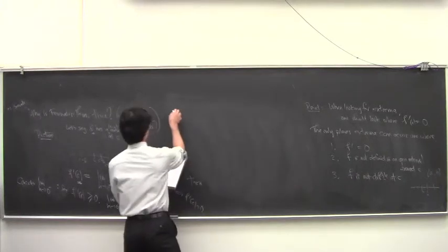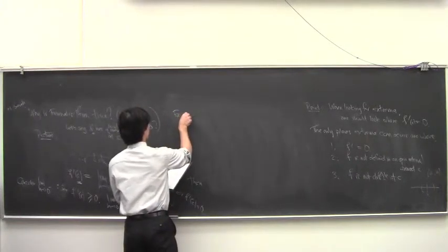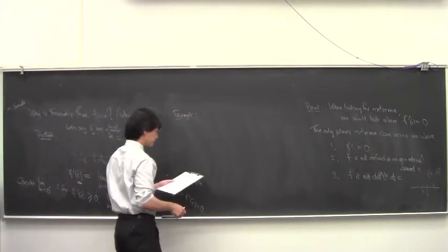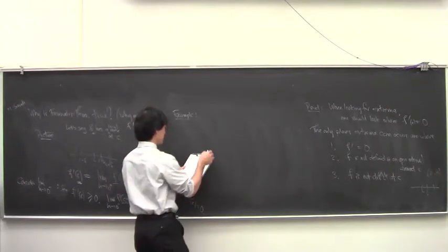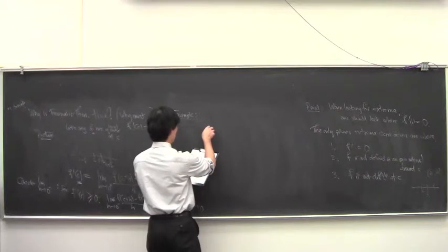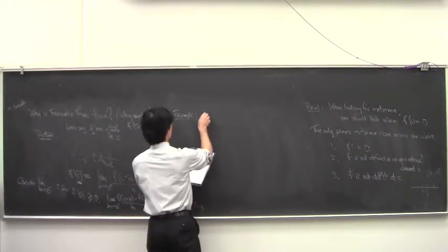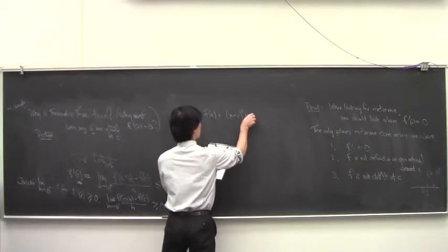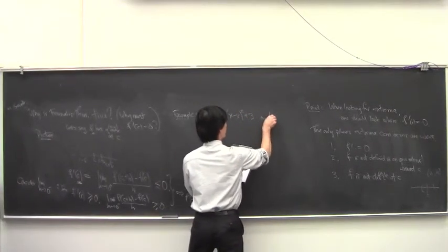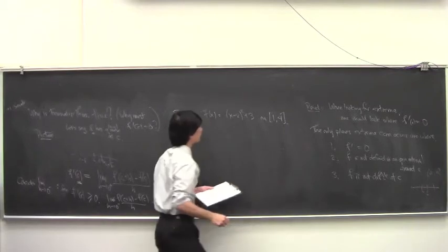So let me do an example. Okay, so let's do, say, f of x is x minus 2 squared plus 3 on the interval 1 to 3.